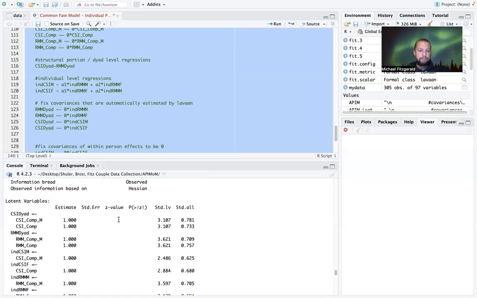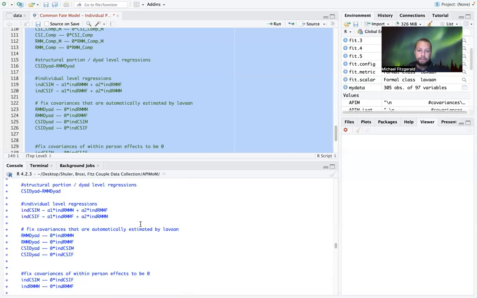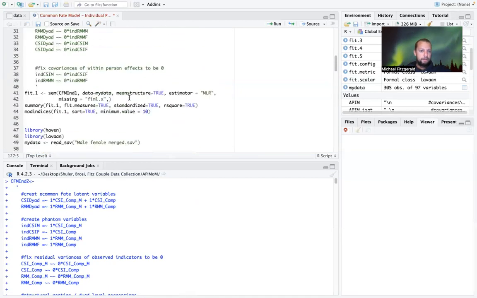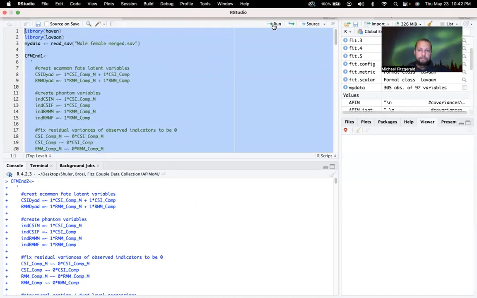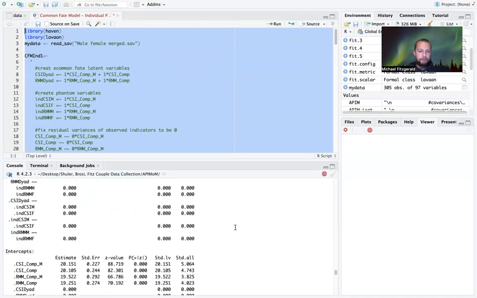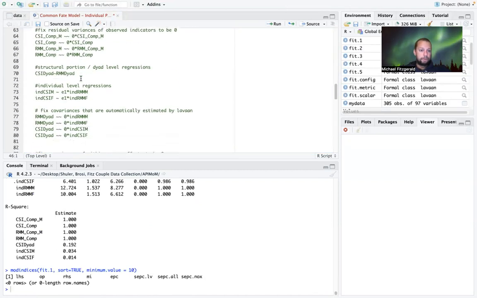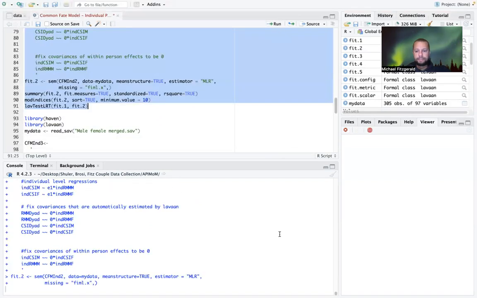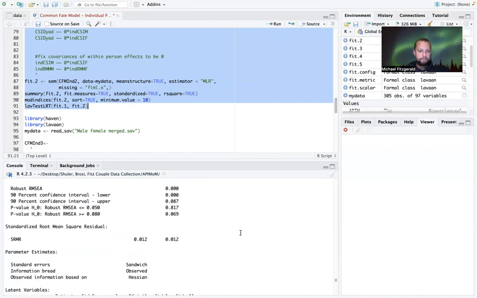But if you compare the parameter estimates of the very first model that we ran, this one up here, with the second model, then our parameter estimates should be identical. We'll do that as our final test here in this video, just to demonstrate that.